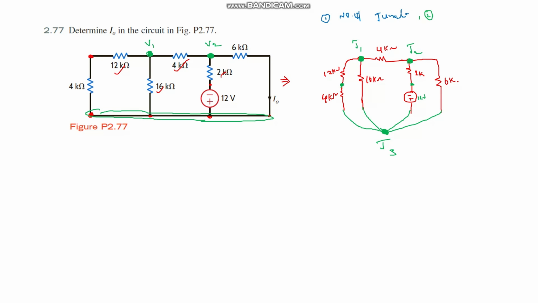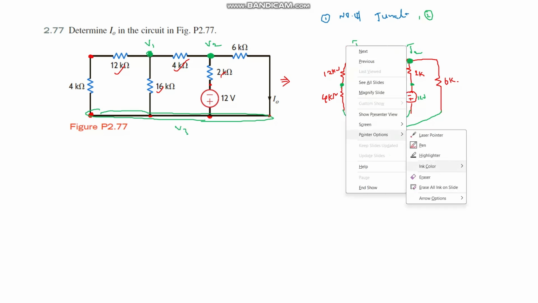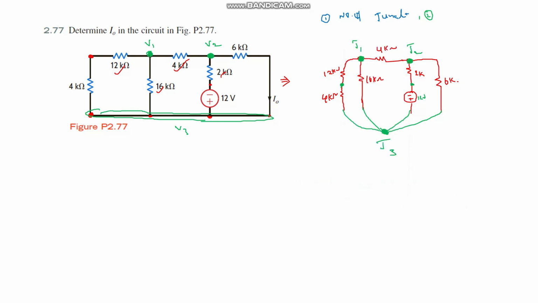This is V2, and this is V3. The reference voltage is the bottom junction V3, and V3 equals 0.